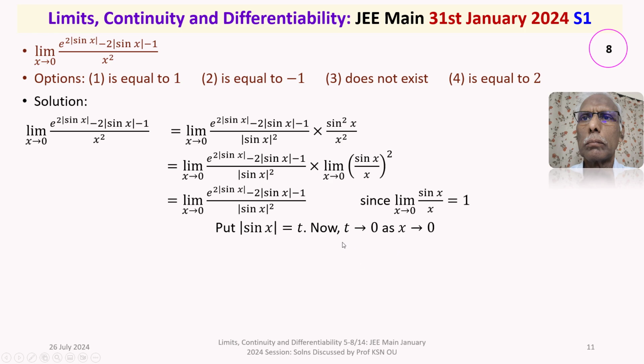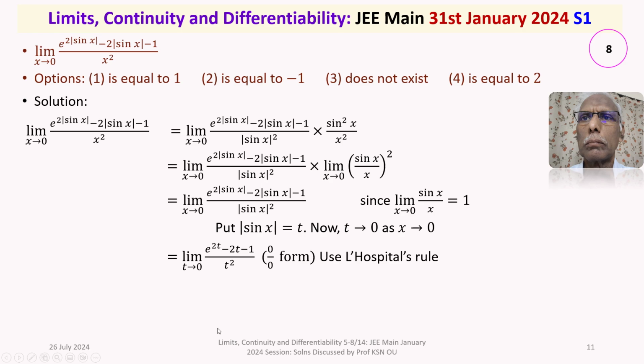As x tends to 0, t also tends to 0. Then the above will become limit t tends to 0 of e to the power of 2t minus 2t minus 1 by t square. As t tends to 0, this takes 0 by 0 form, which is an indeterminate form.